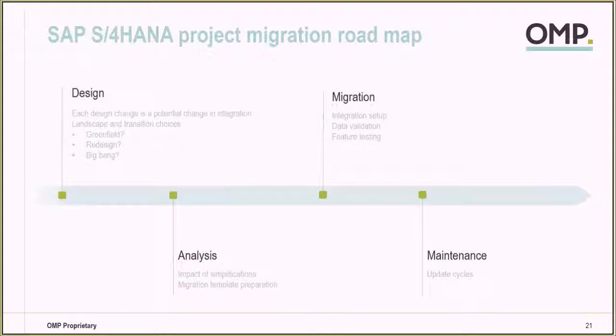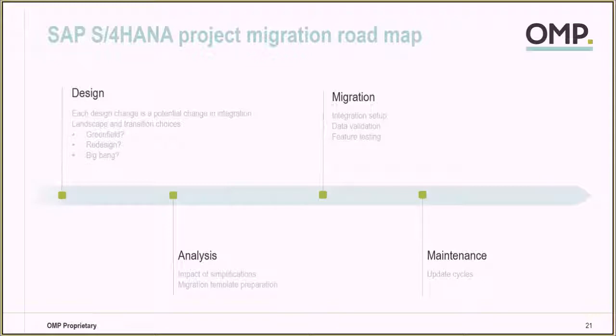Nevertheless, we believe it's very important to have decent looks into integration throughout the various phases of your migration towards SAP S/4HANA. Already during the design phase, each potential design change is a potential change in integration. The choices for landscape and transition method are very important.